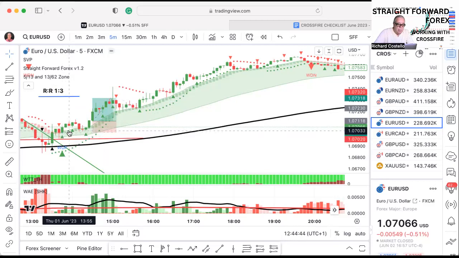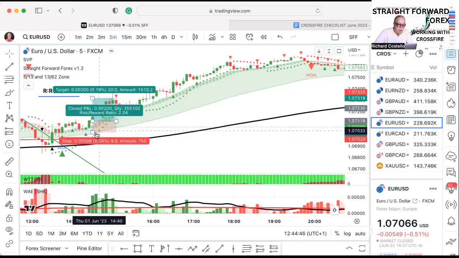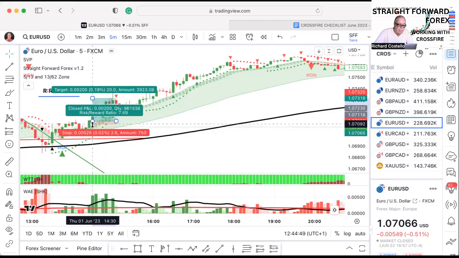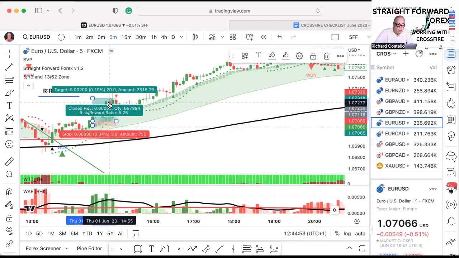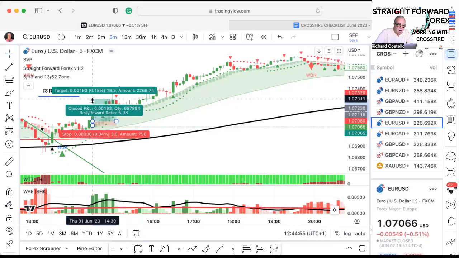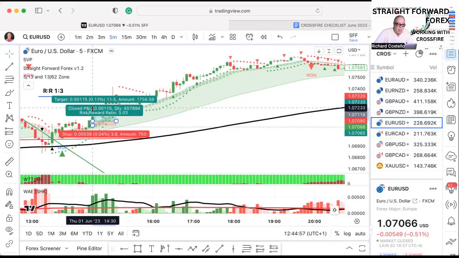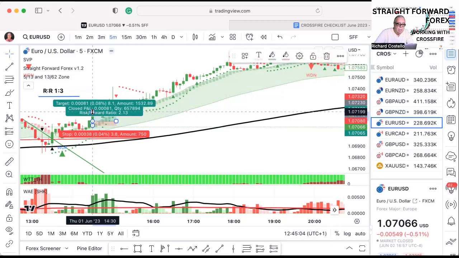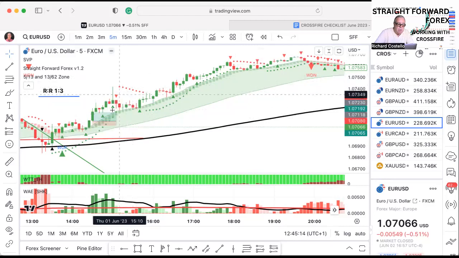So that's on the first potential stop loss. The second potential stop loss would have me at that level there. And in order to get 1 to 2, if I can get it to just over 2, I'll be happy with that. We'll call that 1 to 2. It's near enough.